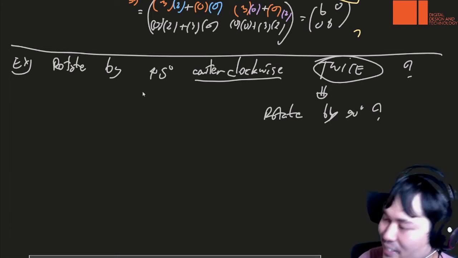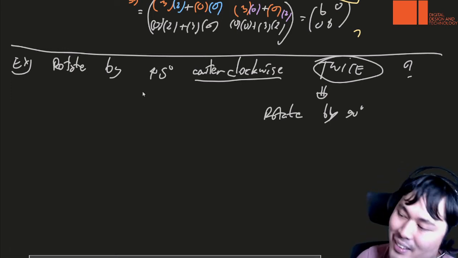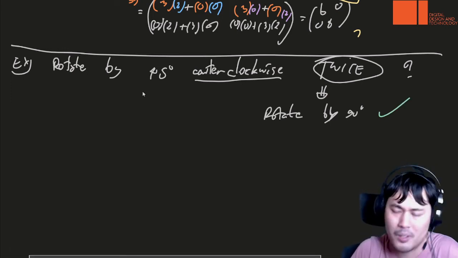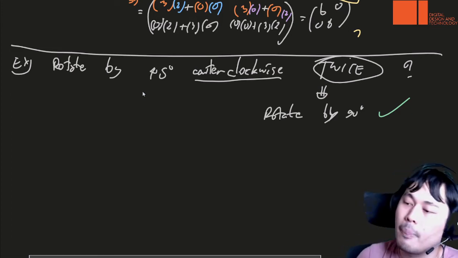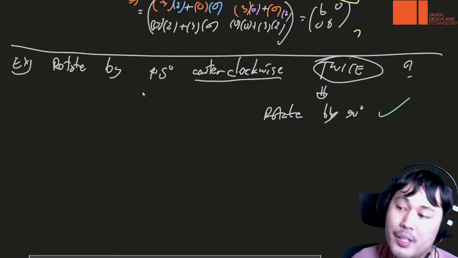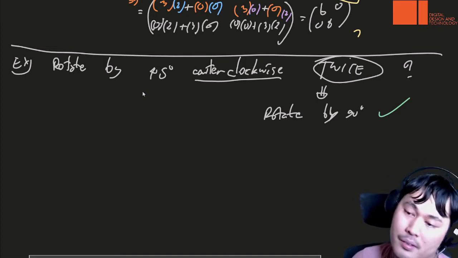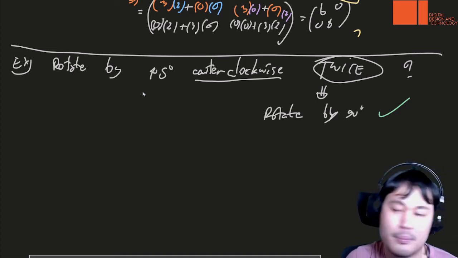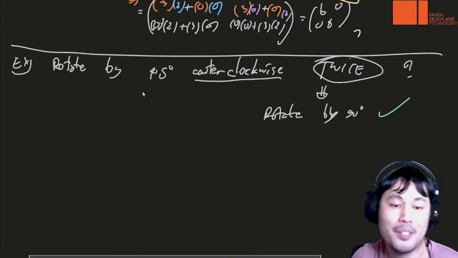And of course it's correct. Let me remove that. Yeah, rotating counterclockwise by 45 degrees twice is the same as rotating by 90 degrees. Of course, that seems intuitive, doesn't it?